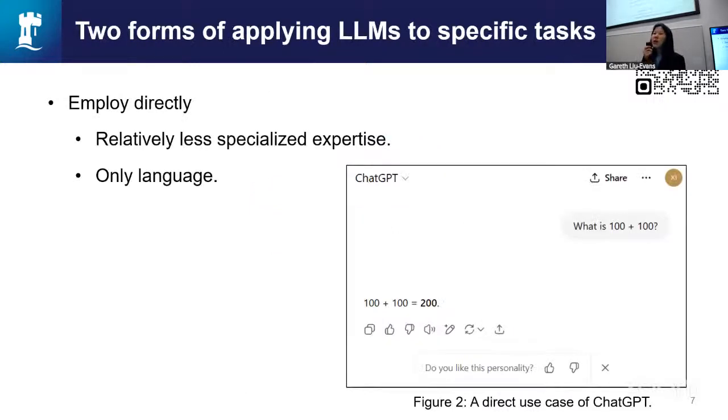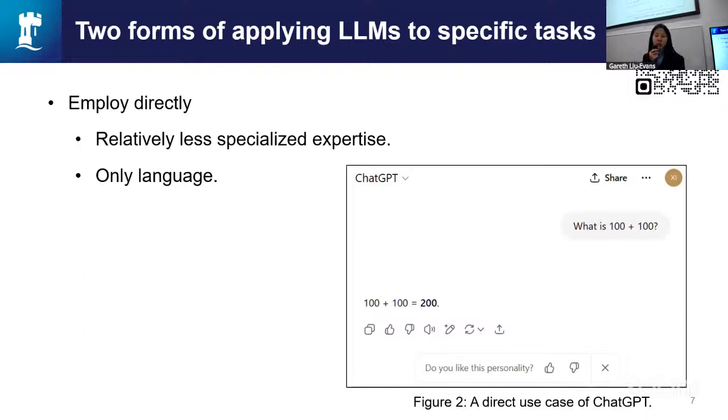So how to apply LLMs to it? First, we can deploy it directly, like I ask ChatGPT what is 100 add 100. But for the medical field, for report generation, it has two problems. First, it has relatively less specialized expertise. It lacks knowledge in the medical domain.